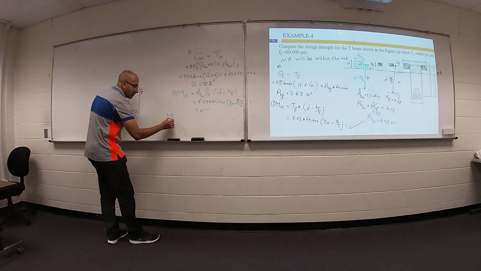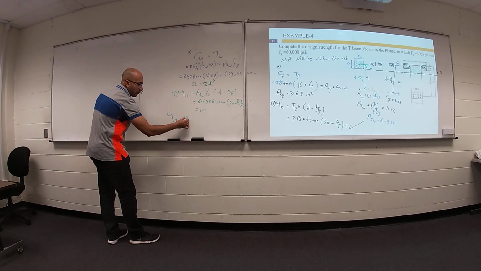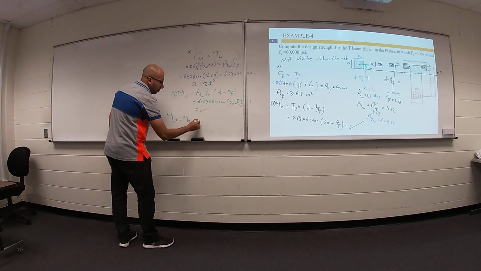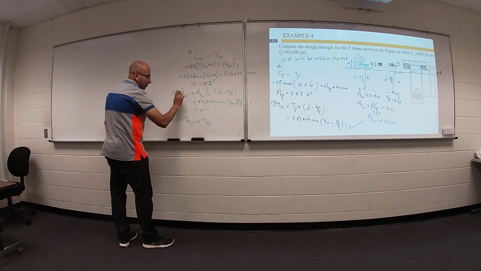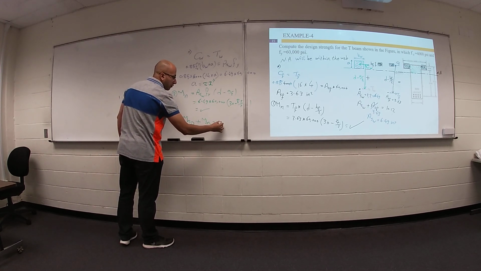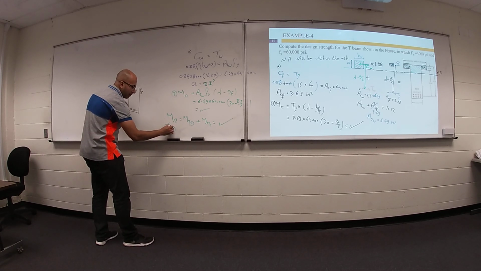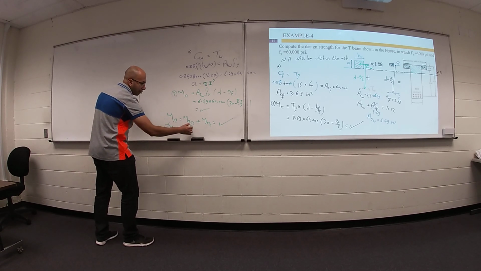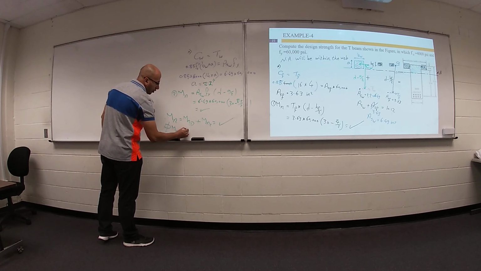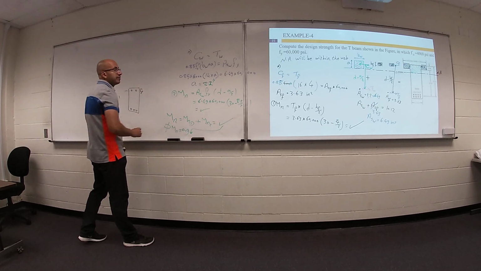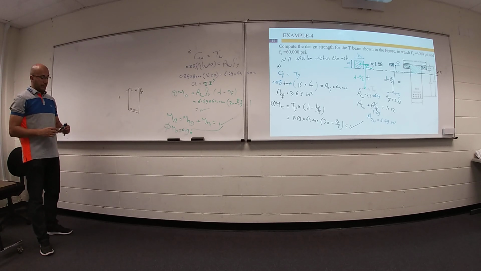Your total nominal moment equals nominal moment 1 plus nominal moment 2, you can get your final nominal moment. Your design moment will be this number times 0.9. I am done.